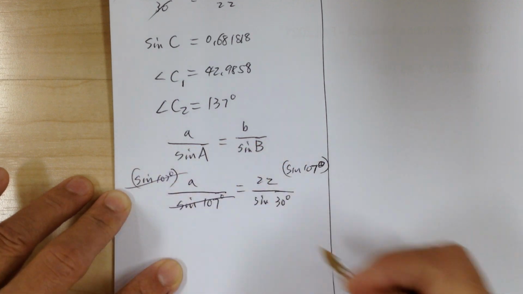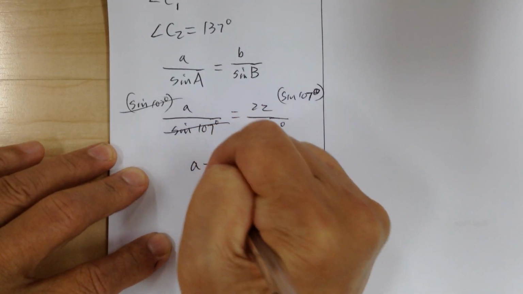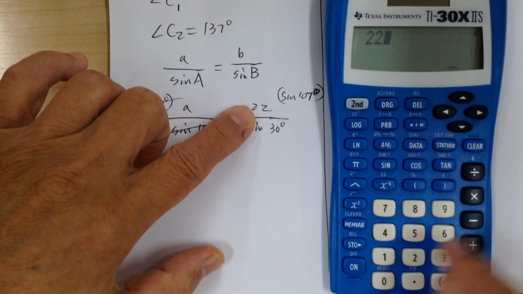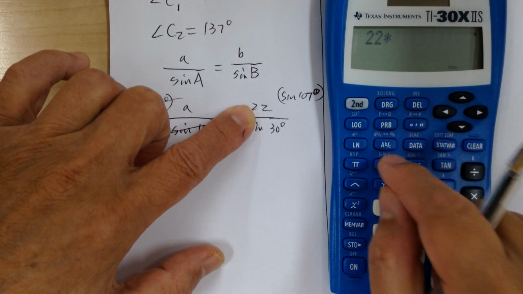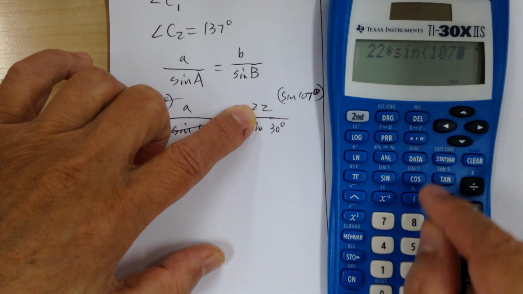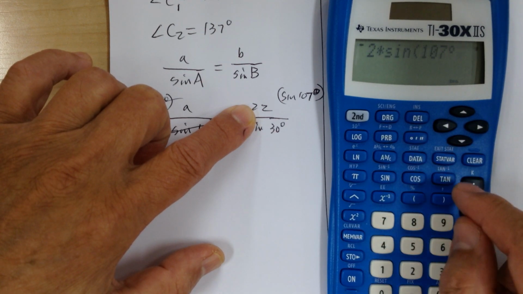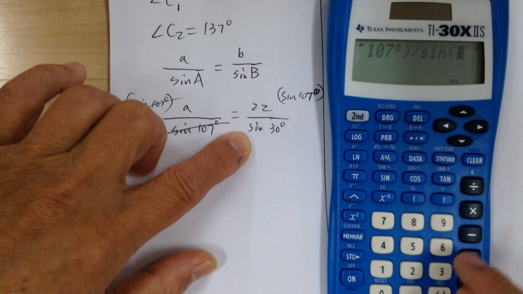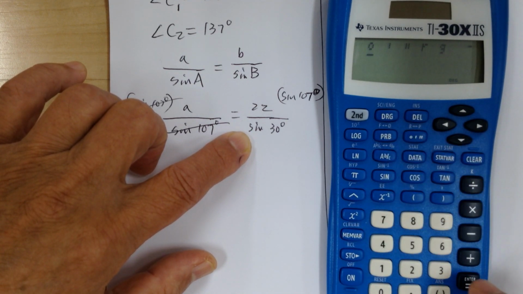So this will cancel out. So A equals 22 times sine of 107 degrees divided by sine of 30 degrees.